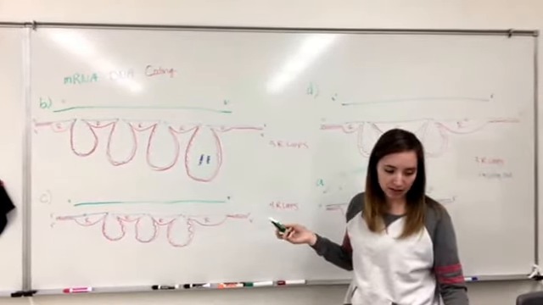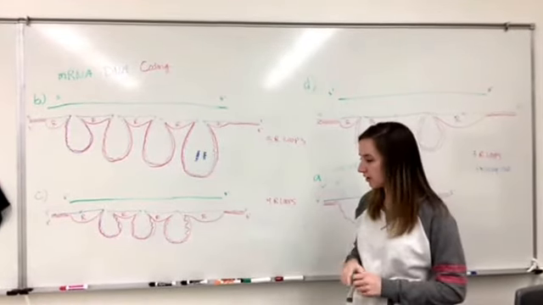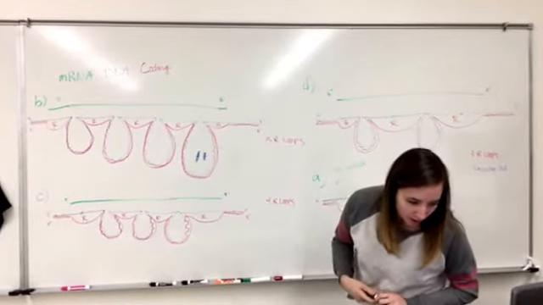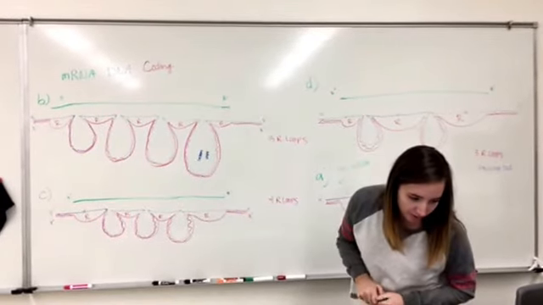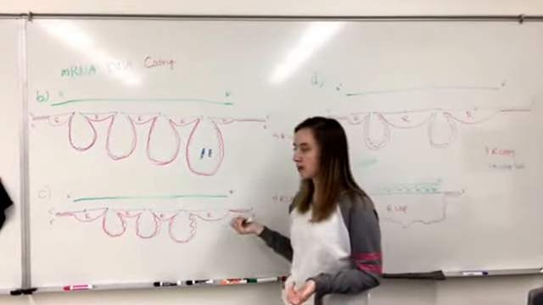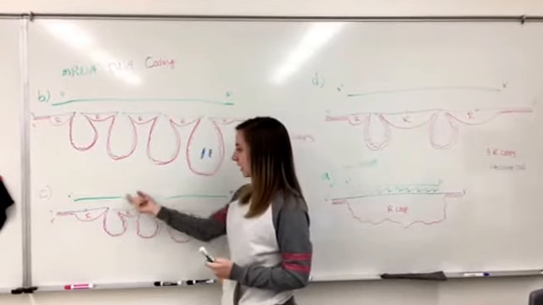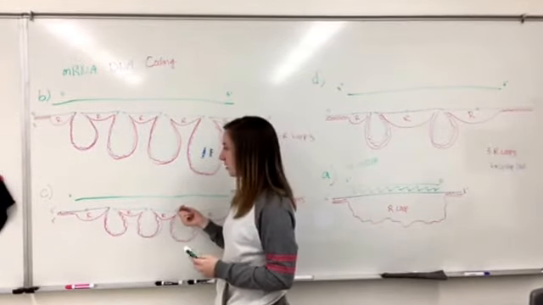Then with part C, it says that there's an issue with one of the introns, or it's defective, and so it's not going to end up splicing out in the mRNA. So you're really only going to have 3 areas that were spliced out because of those introns.